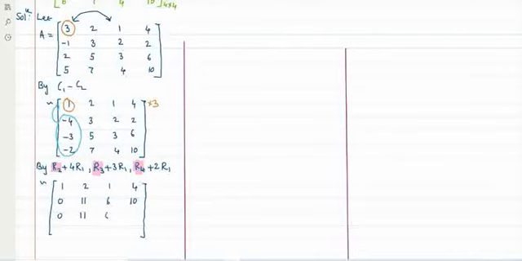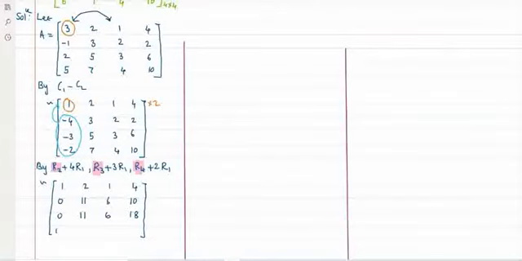3 plus 3, 6. 6 plus, what is the next element? 18. Yes, it's 18. So the next one, you have to multiply by 2 and add.